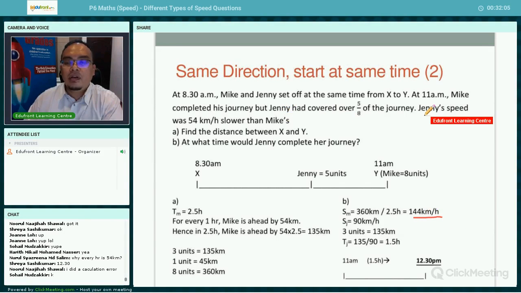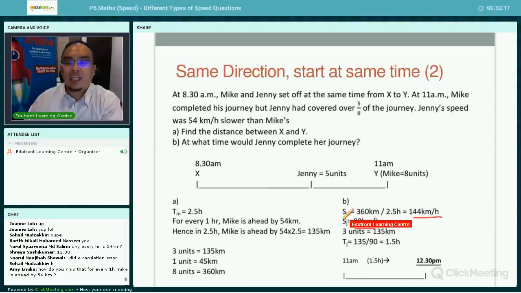So the speed for Jenny is 54 kilometers an hour less. So 144 minus 54, you get 90 kilometers an hour. So Jenny's speed is 90 kilometers an hour.